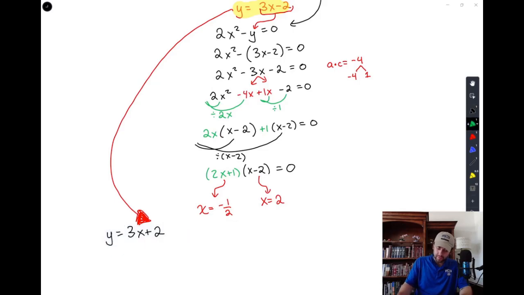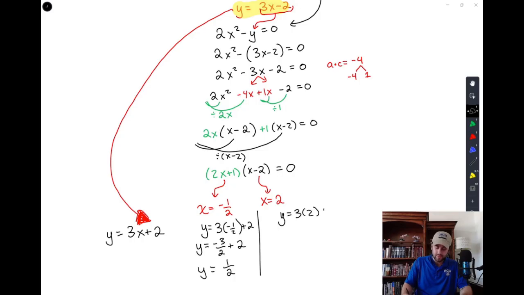For the first one, we're going to have y is equal to 3 times negative 1/2 plus 2, which means y is equal to negative 3/2 plus 2, that's like 2 minus 1.5, so just a positive 1/2. And the second one's probably a little easier. y equals 3 times 2 plus 2, which just means y equals 6 plus 2 is 8.